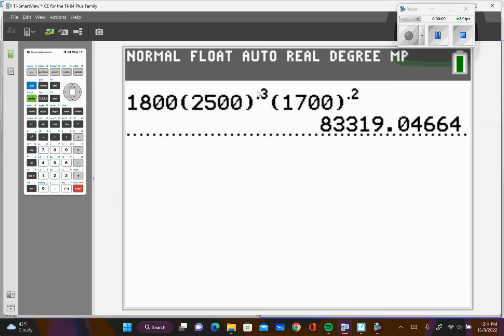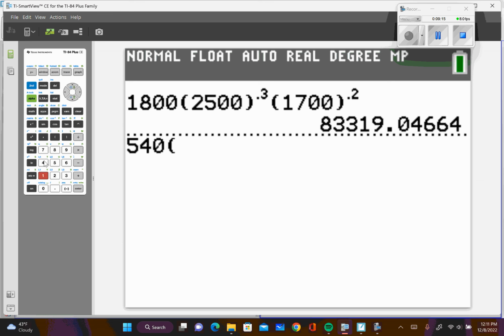So we'll see that here. 540, parentheses, 1,700 close parentheses raised to the 0.2, right arrow, open parentheses, 2,500 close parentheses raised to the negative 0.7.